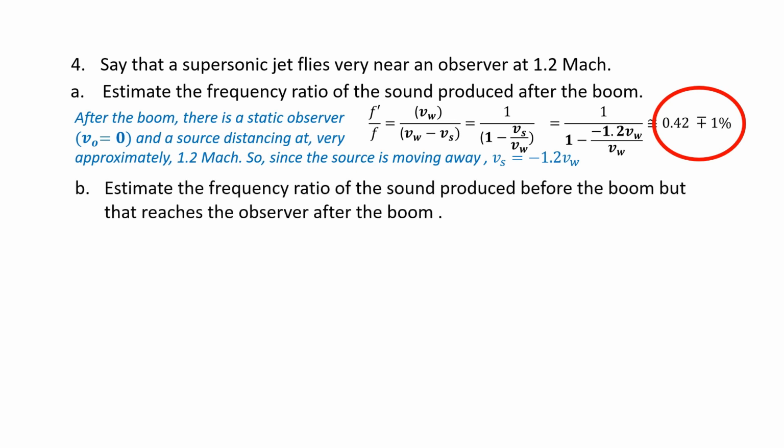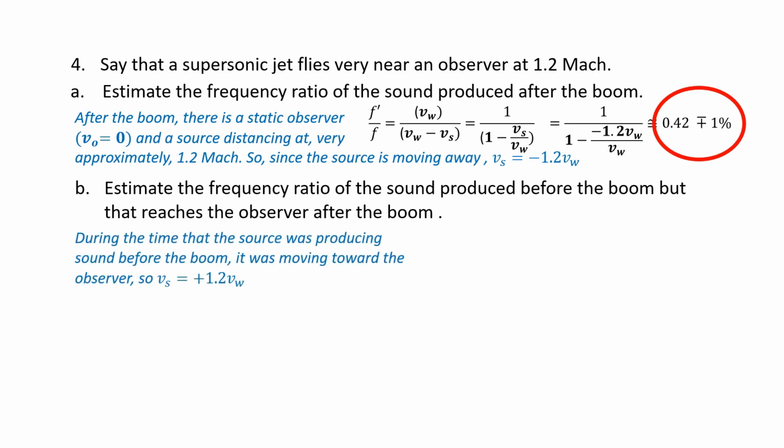Let's do Part B now, so we have to estimate the frequency ratio of the sound produced before the boom, but that reaches the observer after the boom. During the time that the source was producing the sound before the boom, it was moving toward the observer, so V sub S equals plus 1.2 times the velocity of sound.